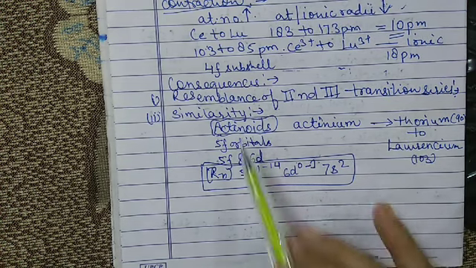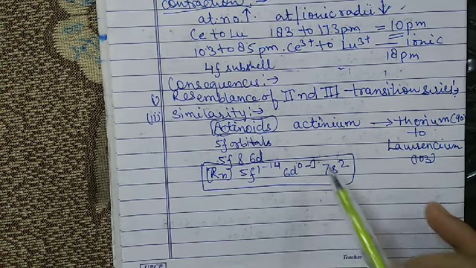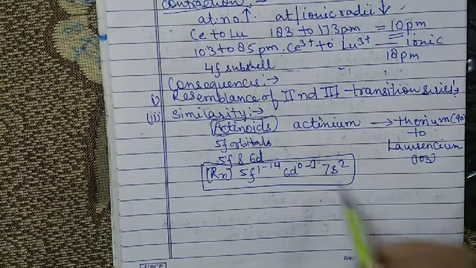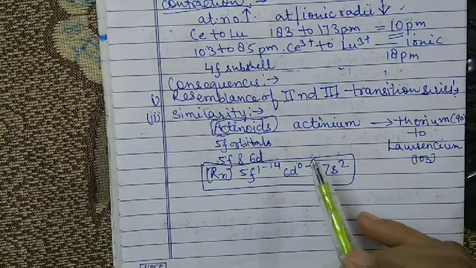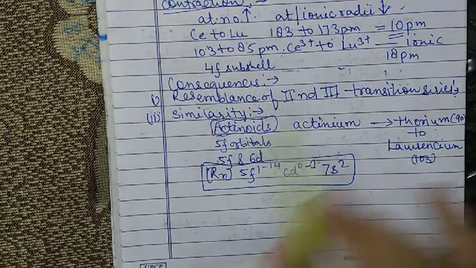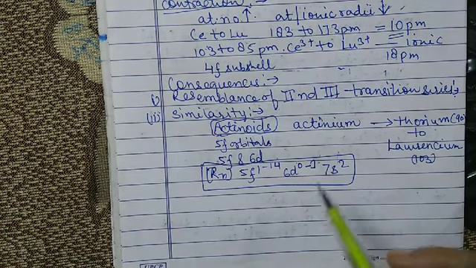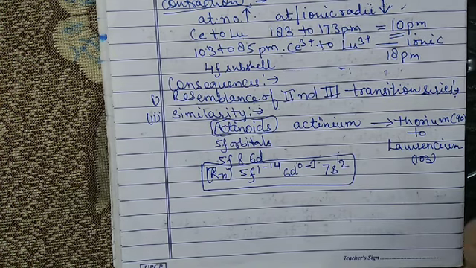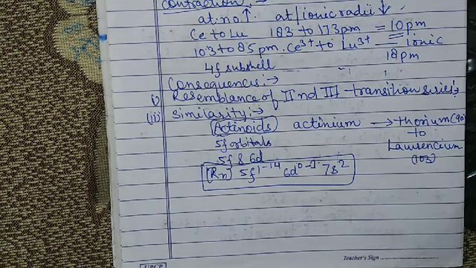As a result, the outer electrons of the actinoids are less firmly held by the nucleus, and hence the ionization enthalpies are lower, because there is a shielding effect. If the outermost electrons are not strongly held by the nucleus, there will definitely be a low ionization enthalpy.